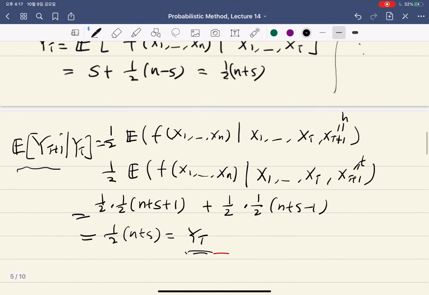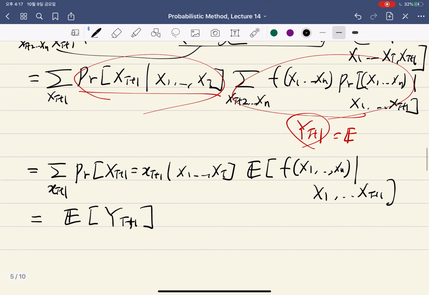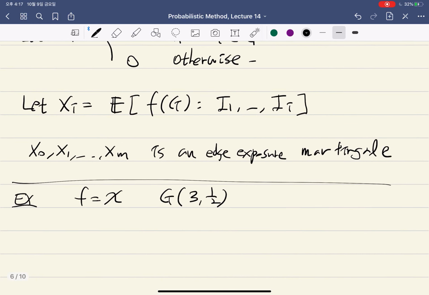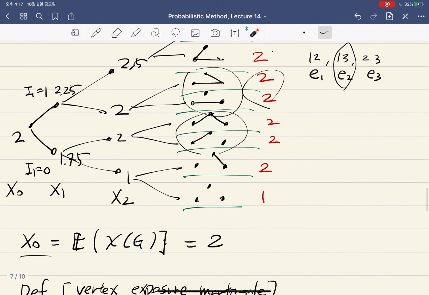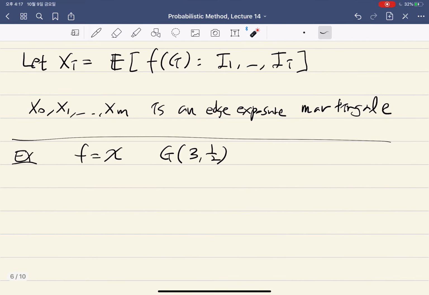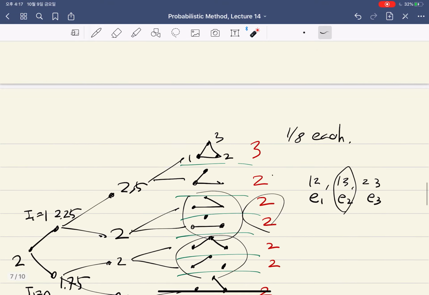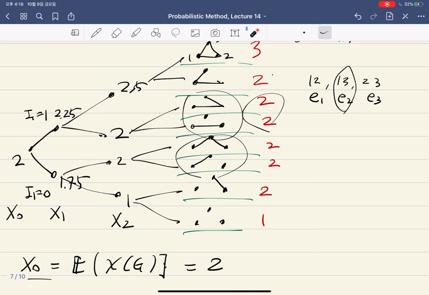For a more general martingale, which is an exposure martingale, for example, this edge exposure martingale, if you change one edge on a graph, then the chromatic number can change by at most 1. That is true, but if you take this edge exposure martingale, and if you determine one value from here to here, is it obvious that the changes are bounded by a certain number?